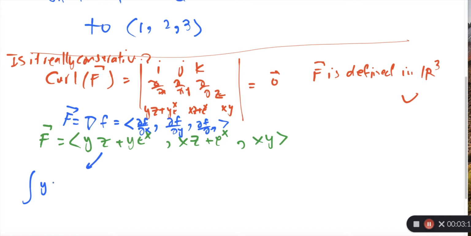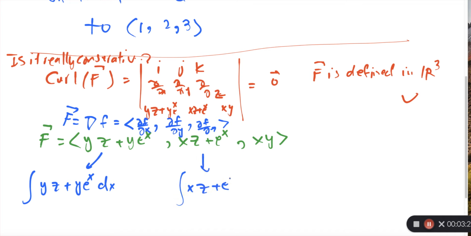And so this is the integral of yz plus y e to the power x dx, and then we do a comparison in respect to dy, and then xy with respect to dz. So try all three of them. Again, there are better methods that you will learn in DiffyQ, more reliable than this.